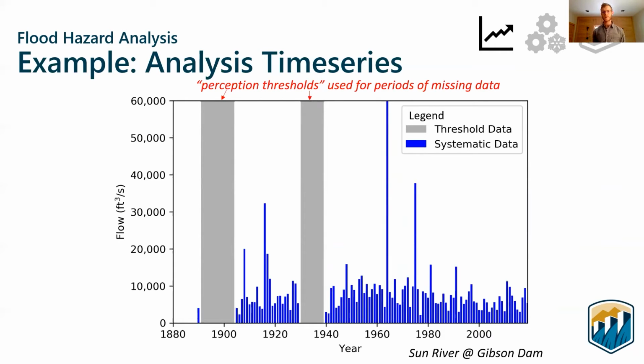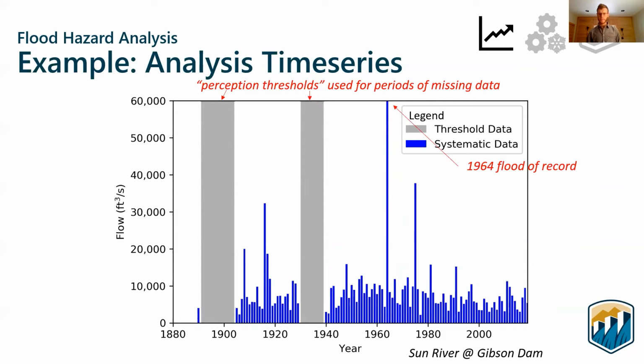So we use what's called a perception threshold. In this case, the assumption is that the floods in these years were smaller than the largest flood on record. Pretty conservative and standard type of estimate. The largest flood of record is the 1964 flood that we talked about at the beginning of this presentation.